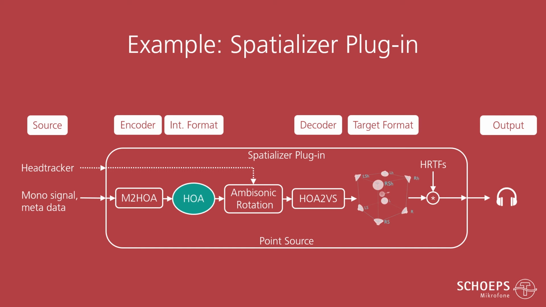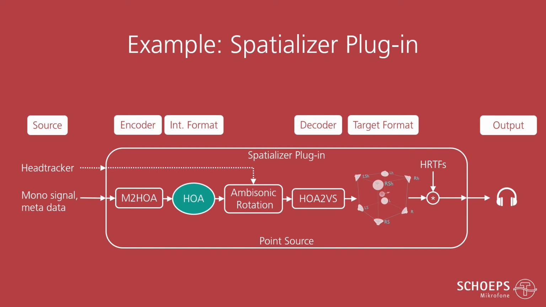and the audio with the metadata will be encoded into a higher order Ambisonics bus. Then with the head tracker data, there will be an Ambisonics rotation, which is very easy in terms of calculation on a computer. So this really works well and with very little delay.